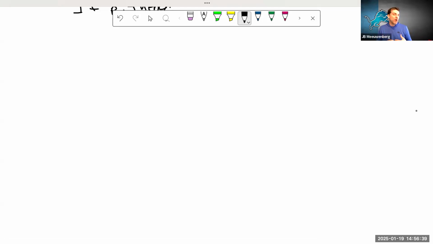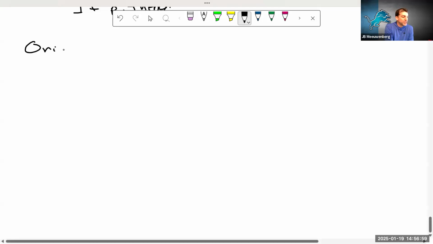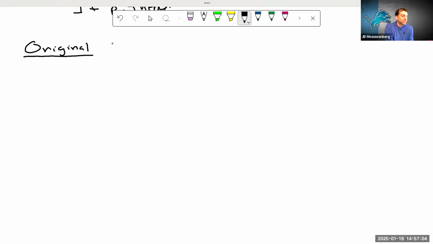And it's important to understand how these work. The new statements each have special names and they show their relationship to the original statement. So I'm going to list these three different related conditional statements. So if we always think the original looks like this, the original conditional statement, if P, then Q. All right, we've established that.